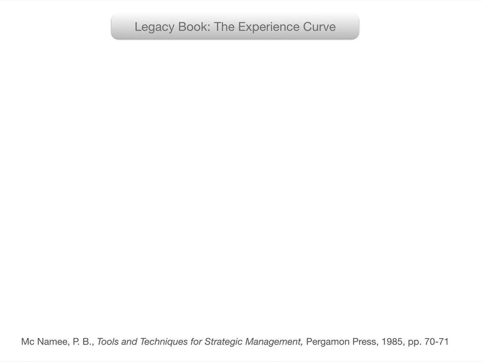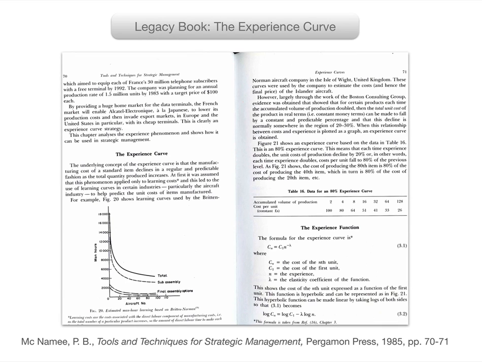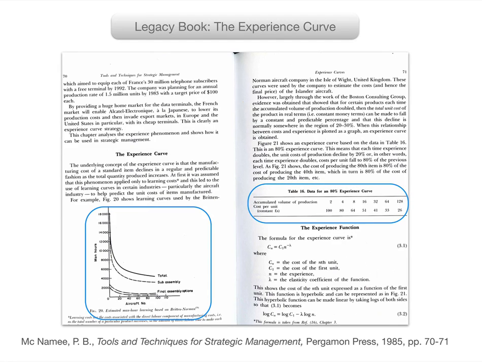Here's the legacy book. You can see the title of the book, and these are pages 70 and 71. Here's the experience curve, and there's the source of it, that costs decline as volumes increase. Here is data for an 80% experience curve. Here is the formula for the experience curve.